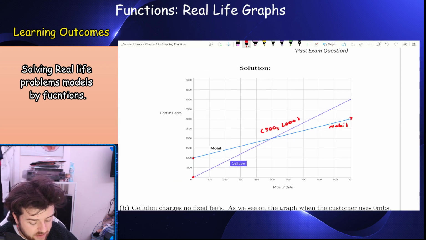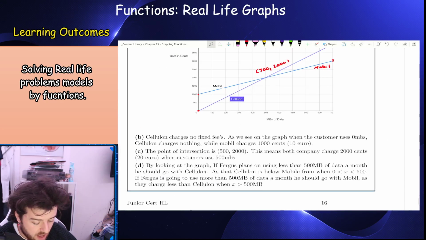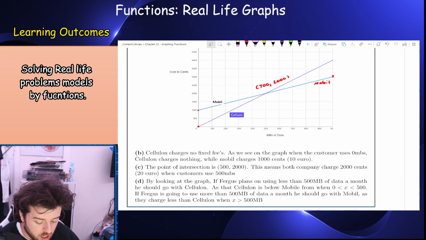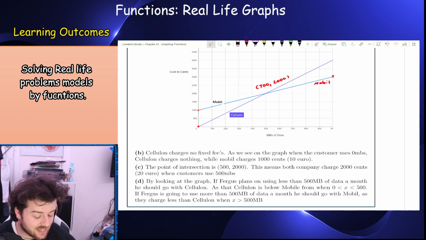So what you'd say for that one is, by looking at the graph, if Fergus plans on using less than 500 megabytes of data a month, he should go with Cellulon, as Cellulon is below Mobile when x is greater than 0 and less than 500. If Fergus is going to use more than 500 megabytes of data, he should go with Mobile, as they charge less than Cellulon when x is greater than 500.